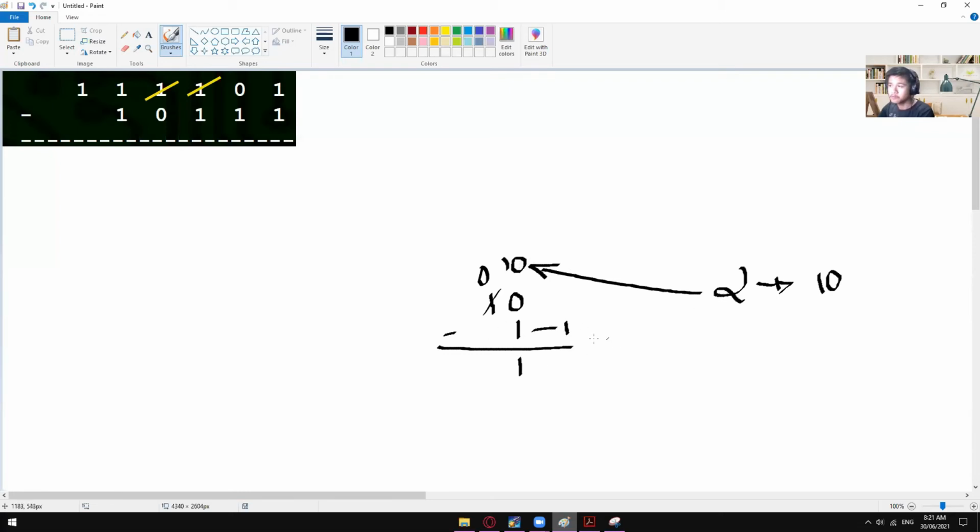I hope we are clear with this one about how we borrow things when it comes to subtraction. Are we somehow clear? Were you guys able to get the logic? Yes, sir. Okay, just let me know if you're quite confused.